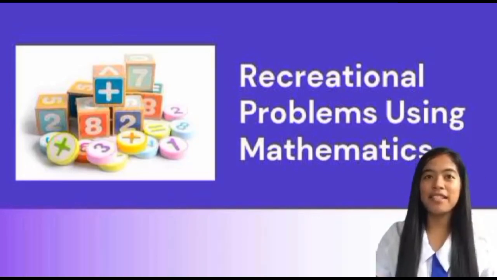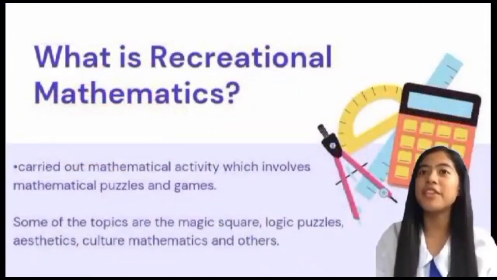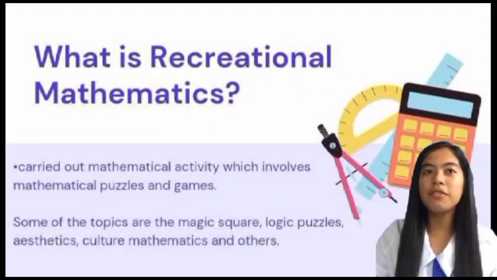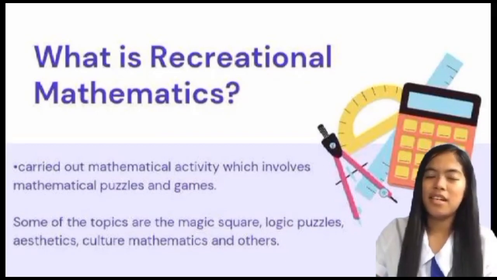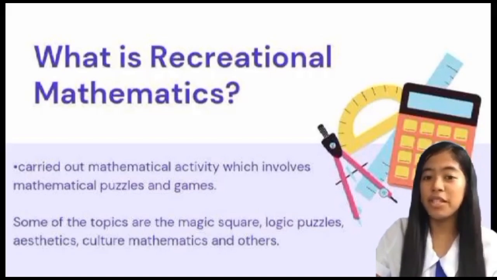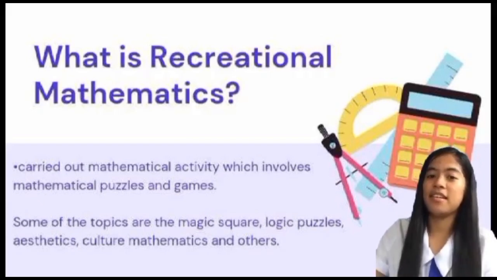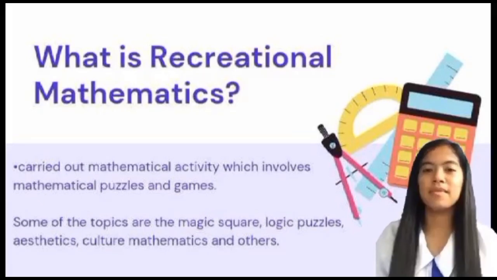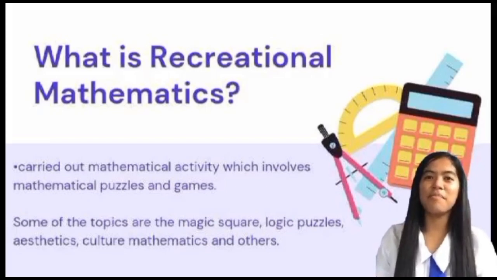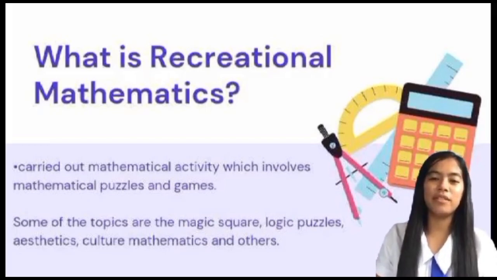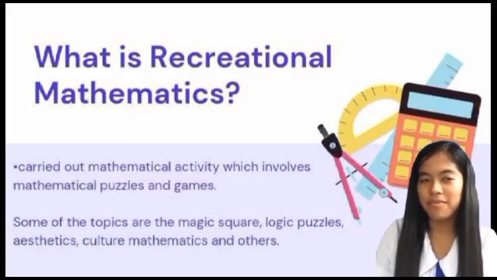Recreational mathematics is a mathematical activity which involves mathematical puzzles and games. Some of the topics are what I have mentioned, the magic squares, the culture of mathematics, etc. One of the oldest recreations of all is the magic square.